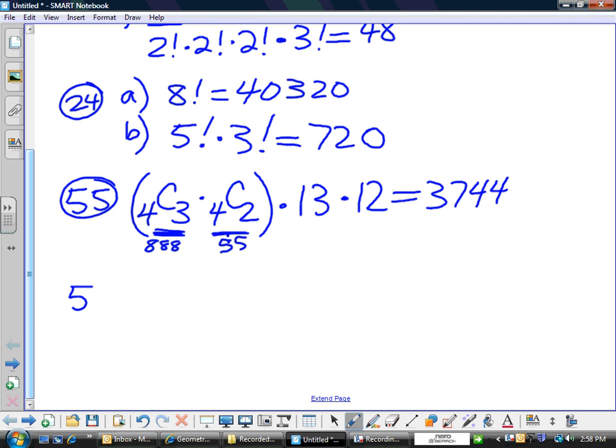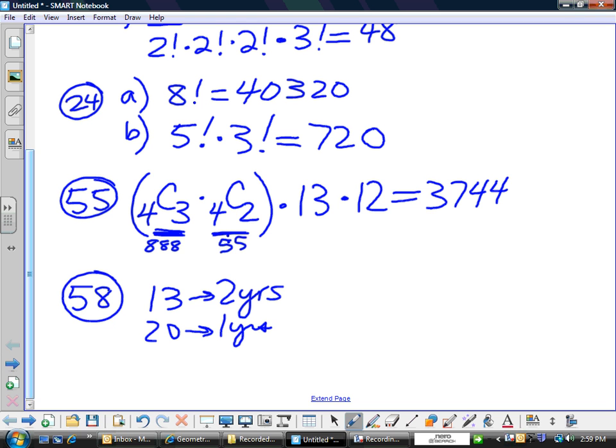The last question I want to do is question 58. This is talking about paralegals. How many different ways can they hire 10 people? So there's 13 paralegals with 2 years of experience, and there's 20 paralegals with 1 year of experience. And the question says that we want to choose from the 13 with 2 years of experience, I want 7, and from the 20 with 1 year of experience, I want 3.